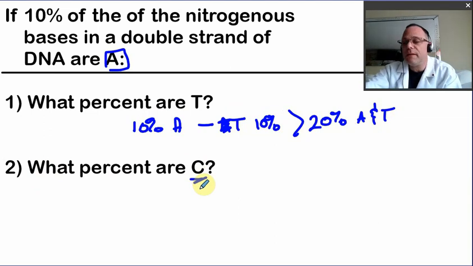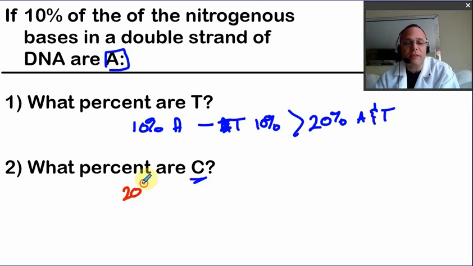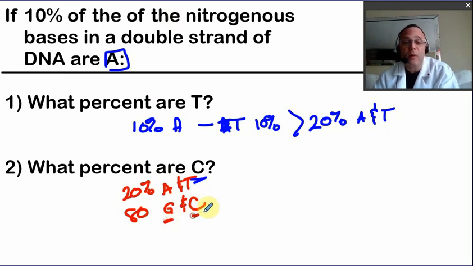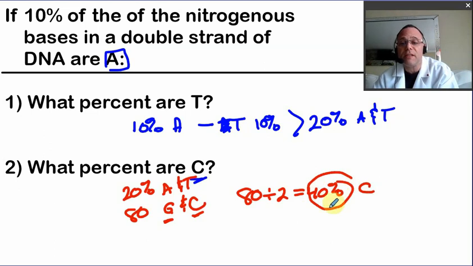That's a little more complicated. All right, for that, we must remember that if 20% are already A and T, that leaves 80% must be G and C. And if for every time we have one G, we have one C, we must take that 80% divided by 2, which brings us to 40%. 40% are C's.